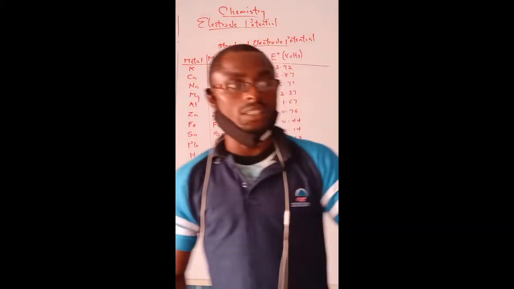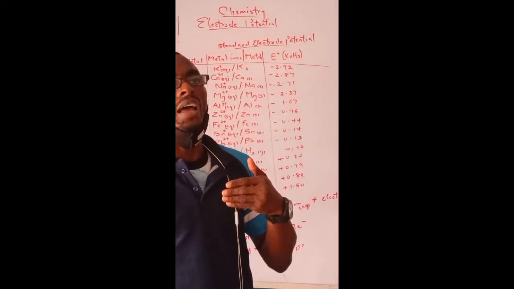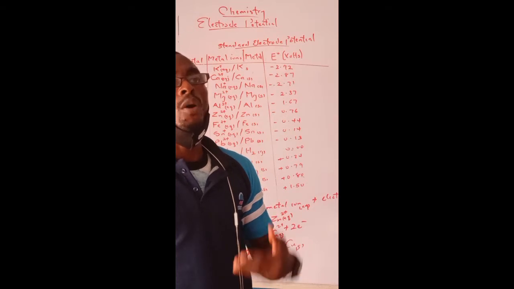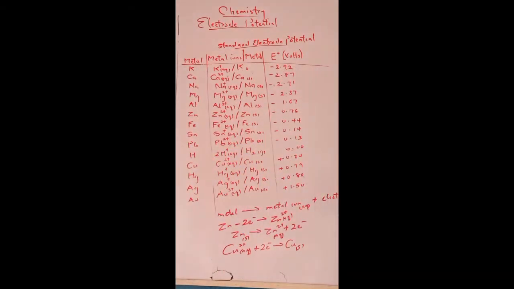Electrode potential is a tendency of a metal to form an ion. That's all.